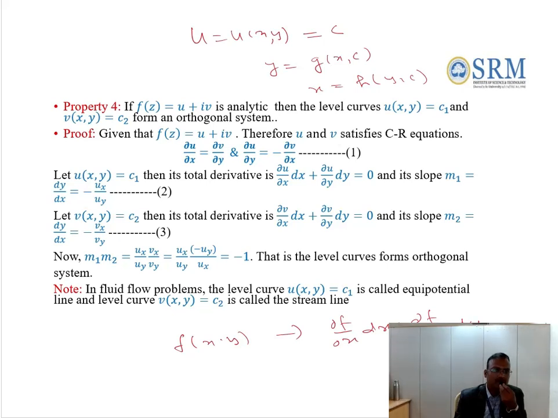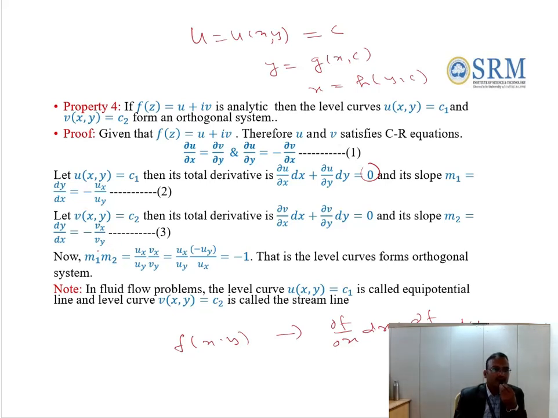Now by using this definition, the total derivative of u is dou u by dou x into dx plus dou u by dou y into dy, but the right hand side is constant, therefore the derivative is 0. Therefore the slope of this curve is m1, which is equal to dy by dx, equal to minus ux upon uy.